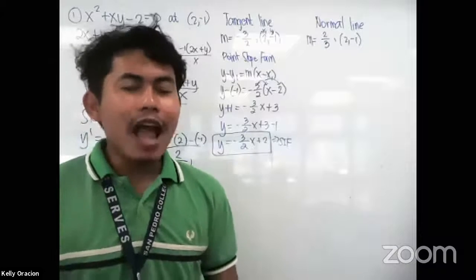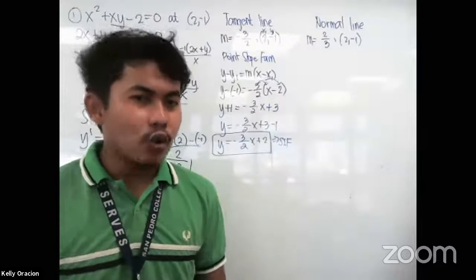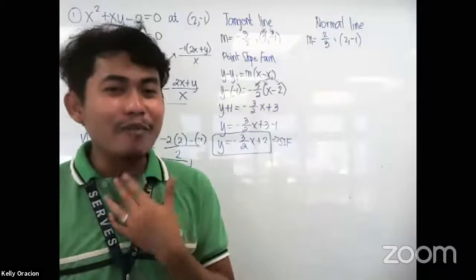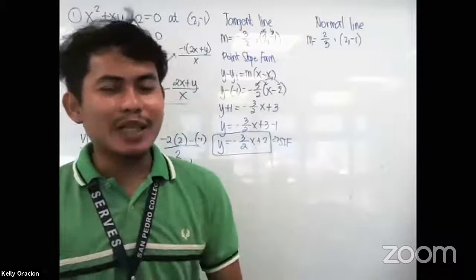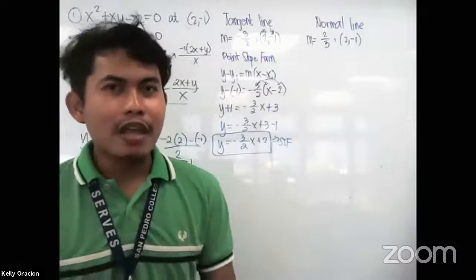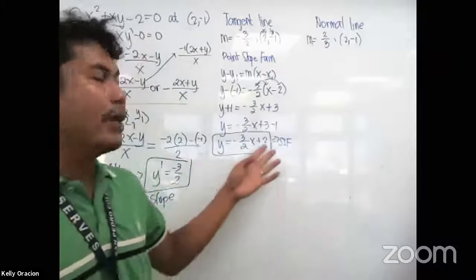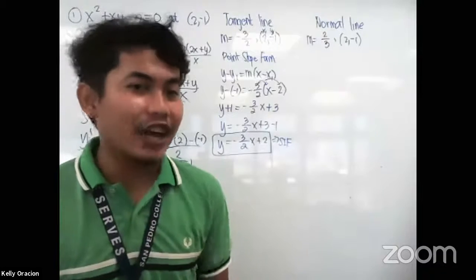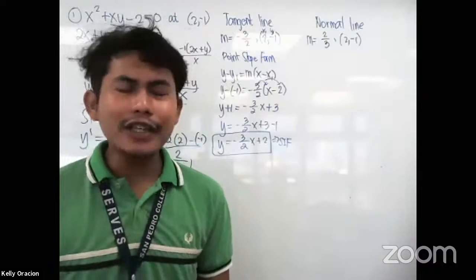So this time, I am going to teach you how to transform yung naka-slope intercept form to the general form of a linear equation. Transforming slope intercept form to general form of a linear equation. Pwede guys? Yes, pwede.